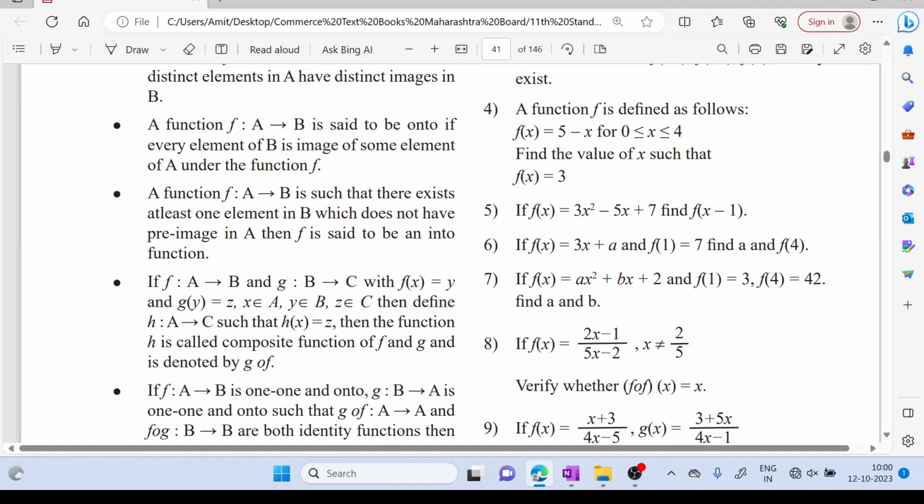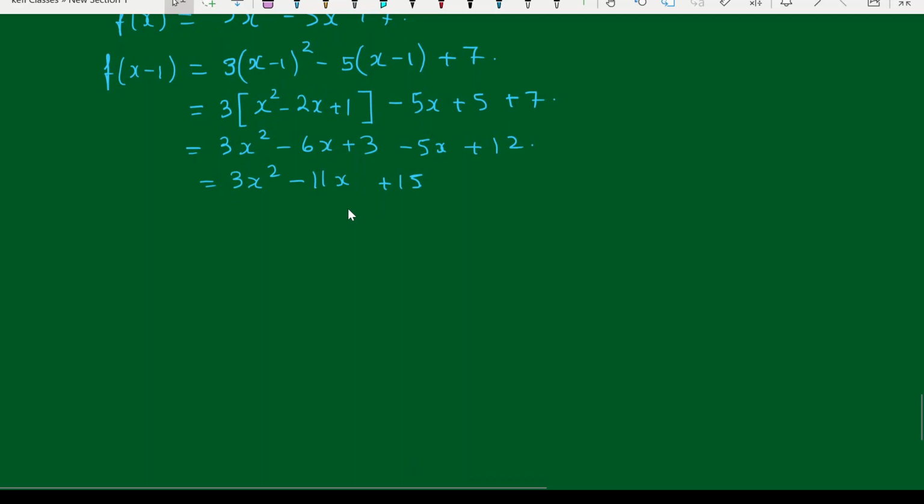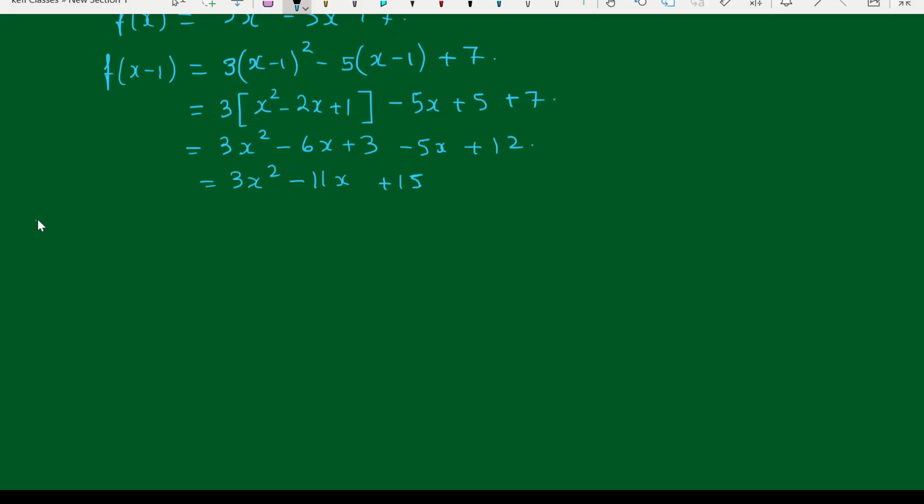Next is f of x is equal to 3x plus a. Sixth, f of x is equal to 3x plus a.